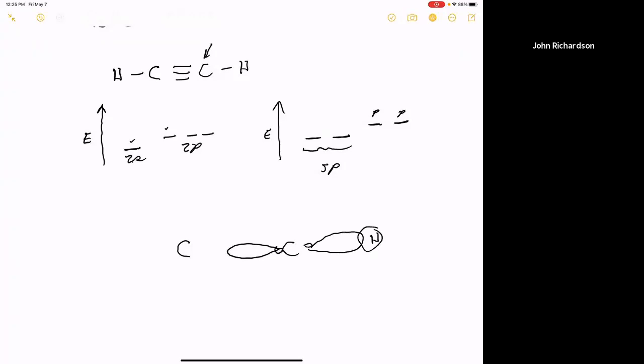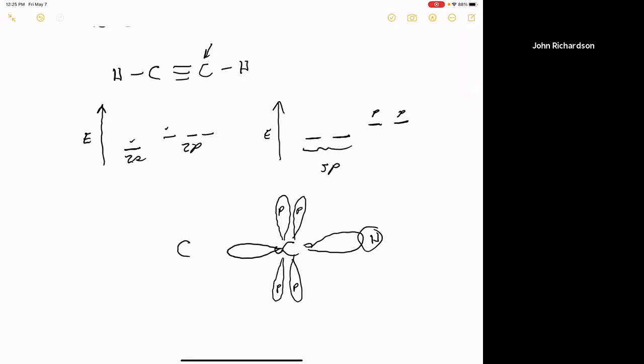But on that carbon on the right, I've also got 2 unhybridized p orbitals I have to account for. So I'm just going to put them up here like bunny ears. It's kind of hard to draw. But basically, we've got our 2 p orbitals that we didn't hybridize here.